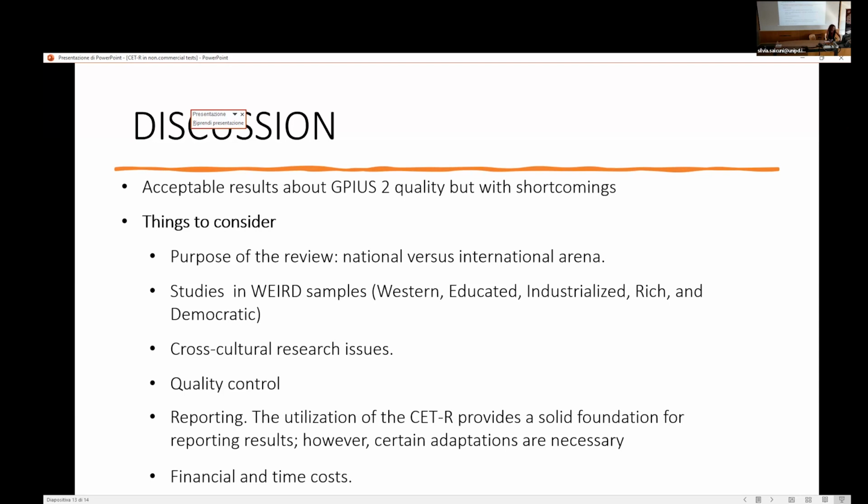And the final point, to conclude, because we are late, is the financial and time costs. We paid €50 to each reviewer to do this, and you can imagine that a systematic review of literature and meta-analysis is a lot of time and effort. So whether this can be really implemented would be a challenge.